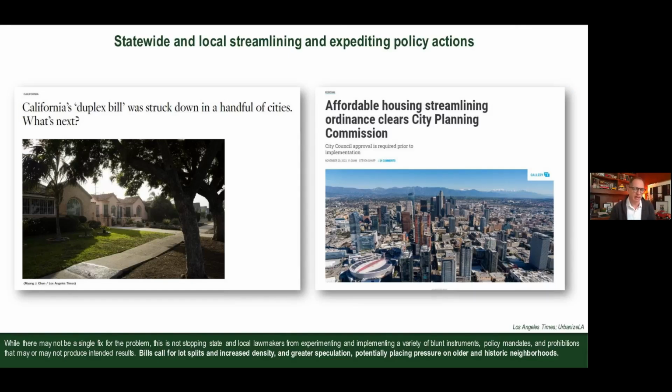Shifting now slightly to the question of statewide versus local policy setting. What does this look like? We're seeing legislative policies and mandates now trickling down to the local level, essentially changing the way in which we do land use planning and zoning. Often these are very blunt instruments, and we're seeing them on an annual legislative cycle, with multiple bills being passed.